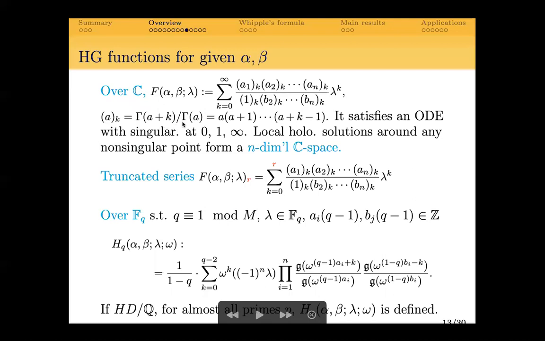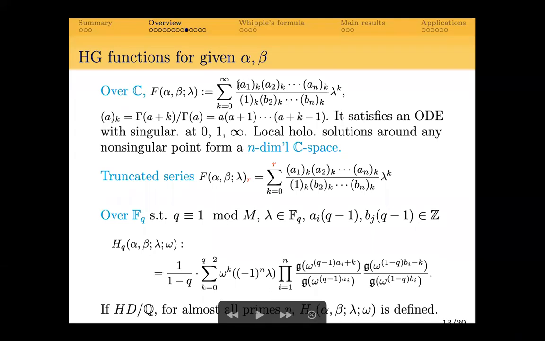As I tried to illustrate, the gamma function will play a fundamental role. So the rising factorial, or the Pochhammer symbol (A)_k, is gamma(A plus k) over gamma(A). So it's A times (A plus 1) and all the way to (A plus k minus 1), k of them. So it's a generalization of the factorial function. In particular, you put 1 here, you get k factorial.